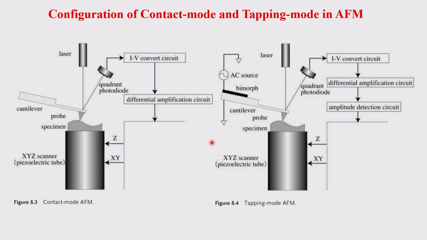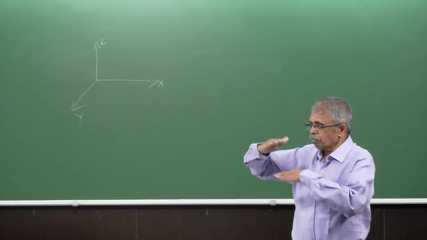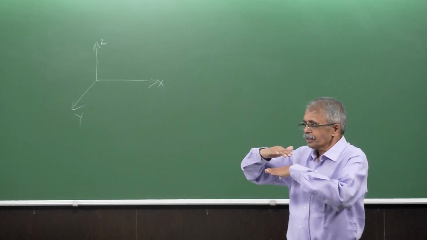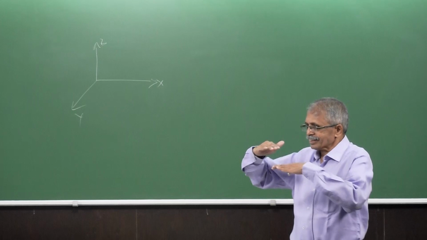In the other case, in the tapping mode, it will not be touching the surface. There will again be a loop here to make the cantilever deflections come up and down without touching, and the probe can be moving on the surface in all directions.